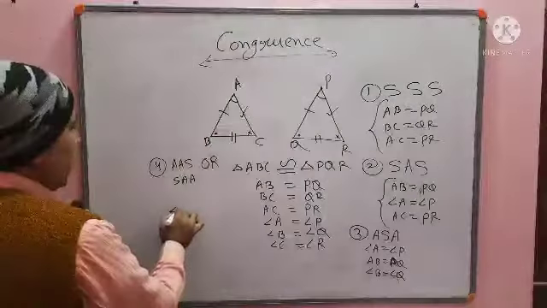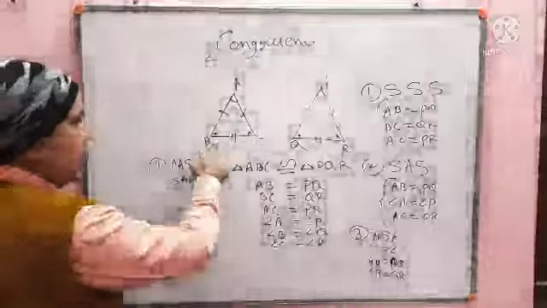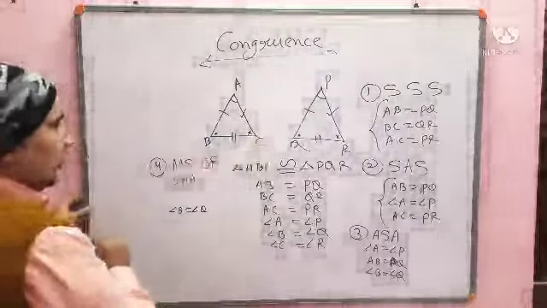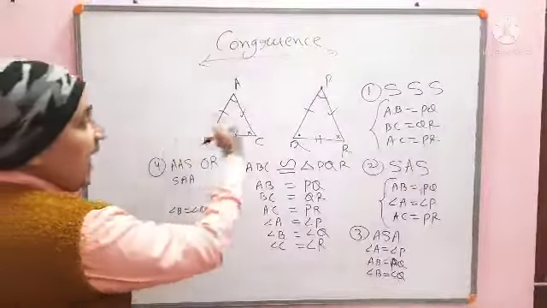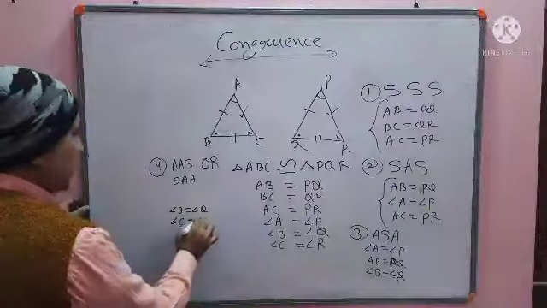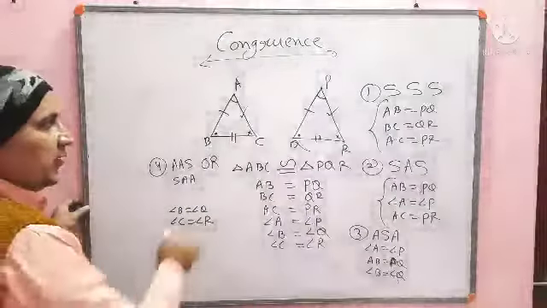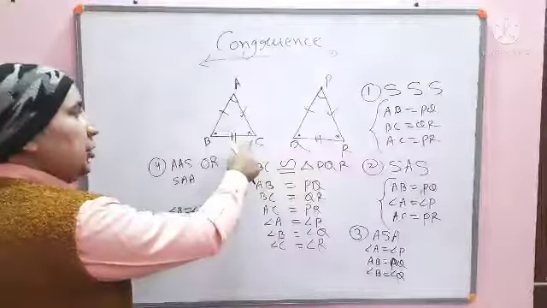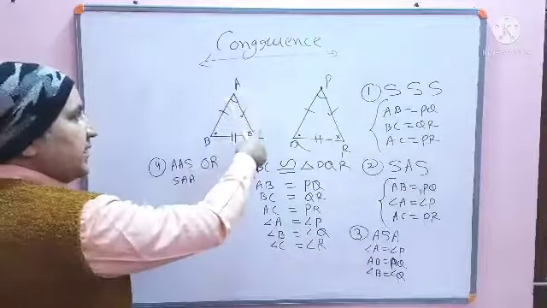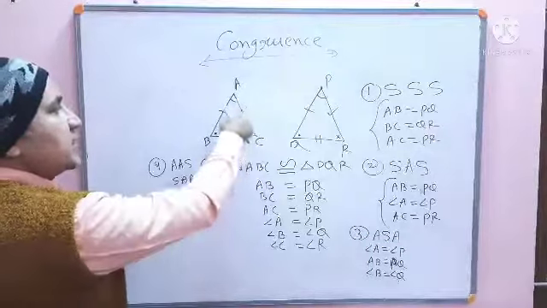Suppose we are taking angle B of this triangle and angle Q of this triangle. These two are equal. Then after the angle, another angle. Suppose angle C is equal to angle R. Then after this, we have to take side AC. Then only we can say angle, angle, side.